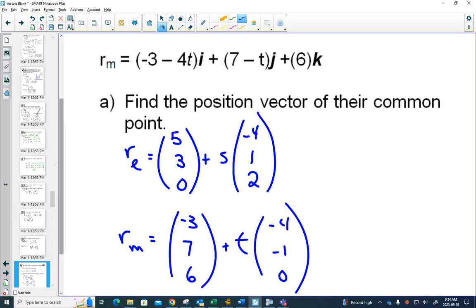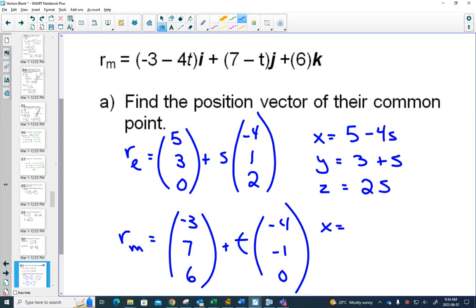We have, and I'll write the parametric ones right beside here, 5 minus 4s, 3 plus s, and z will be 2s. Here, the x is -3 minus 4t.